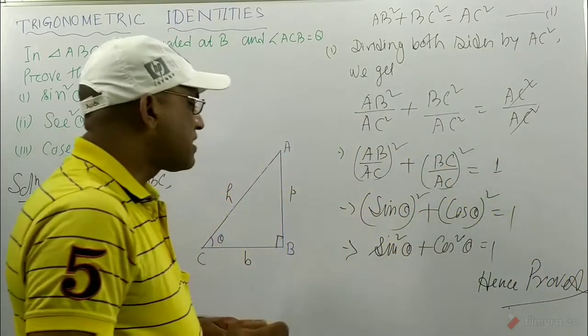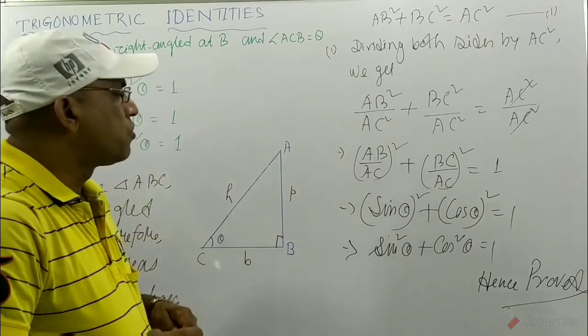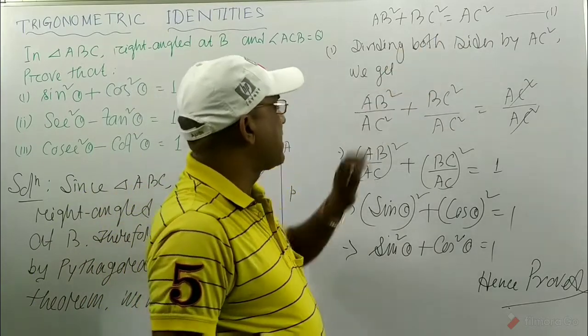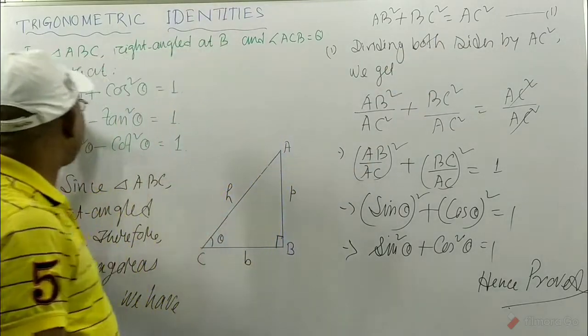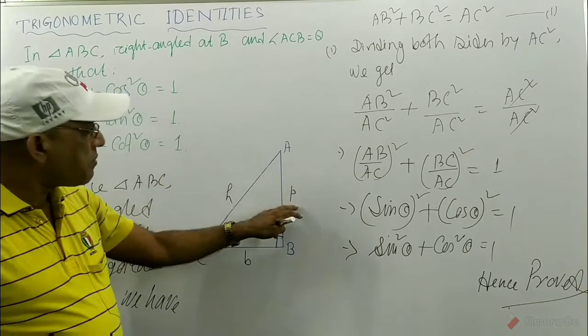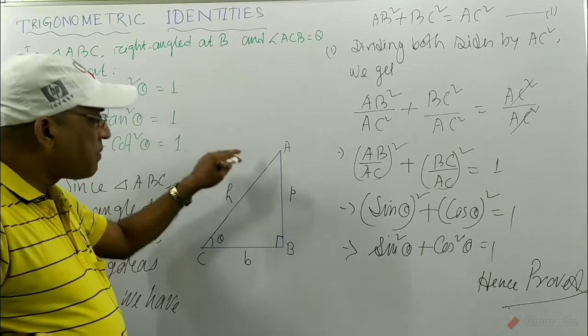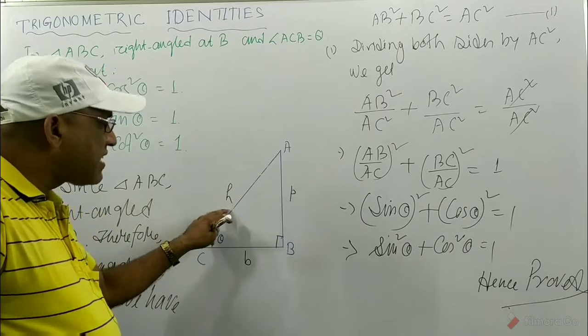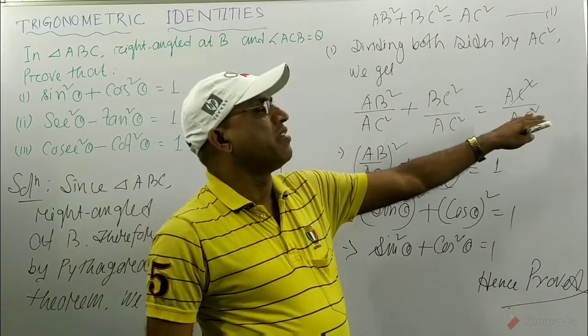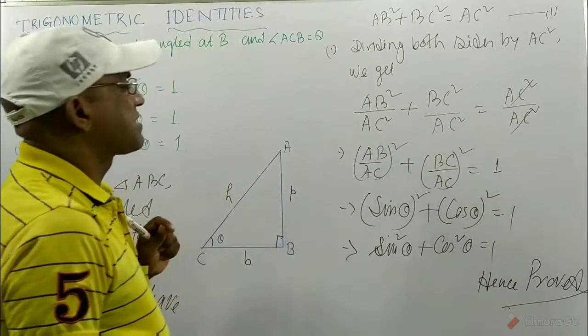Now what is the technique, why do we divide both sides by AC square? Because our requirement is sine and cos. Sine means P by H, that means H in the denominator, H means AC. So AC must be in the denominator because our requirement is sine.